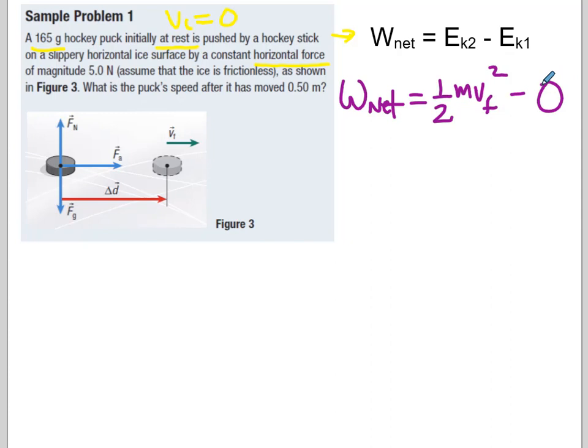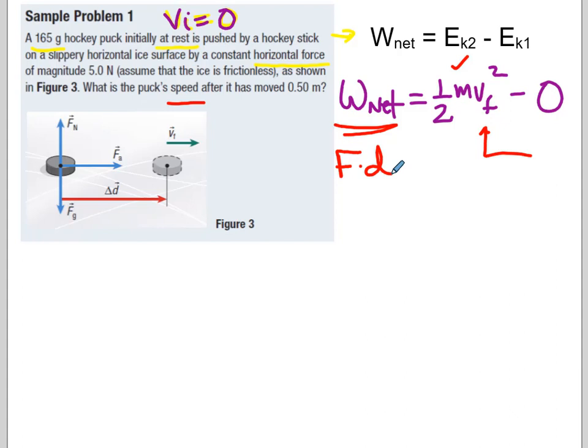Okay, so this is 0 again because the initial velocity is 0, so EK1 is 0. So if we look here, we know mass, which is good. We don't know the speed, but that's what it's asking for. So this is what I am trying to find, which means I have to find something about this side. And we have to remember that work can also be expressed as force times distance or displacement.